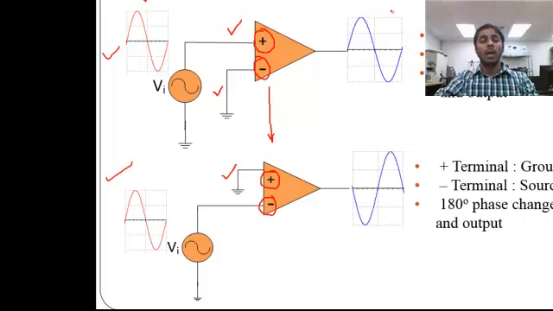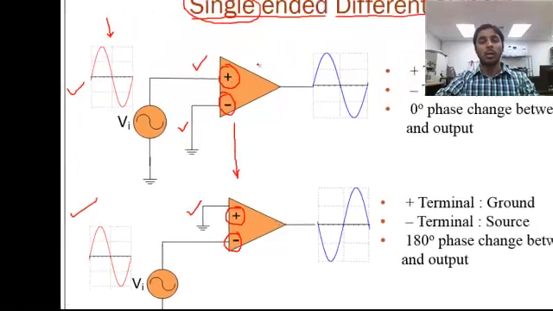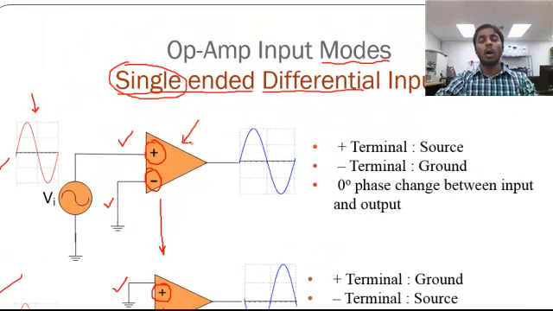But let's look at some of the facts. If the input is applied to the positive terminal, the output will be an amplified version. Let's say, for example, I give a 10 volts input and the gain of this amplifier is 2. The expected output voltage is gain times the input, so that's going to be 20 volts.